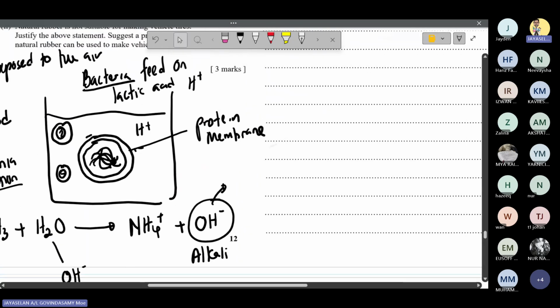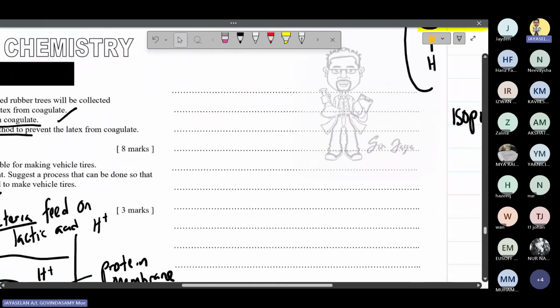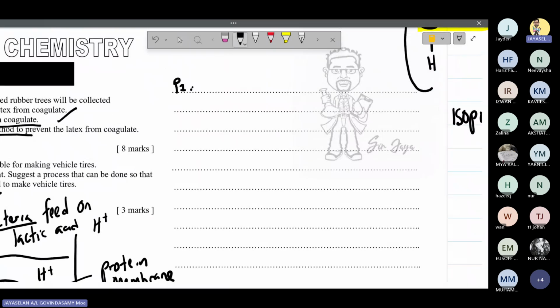So dah understand process dia kan? Okay, so cara nak jawab. Kita jawab point 1. First point, you write down the bacteria in the air. Bacteria in the air will do what?